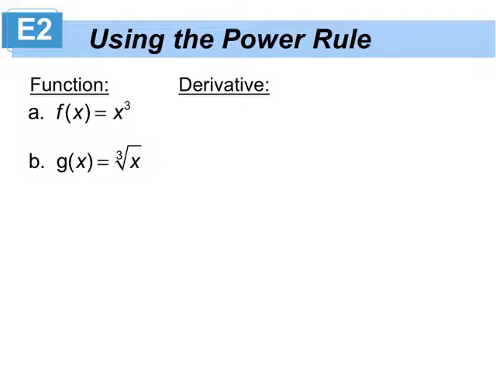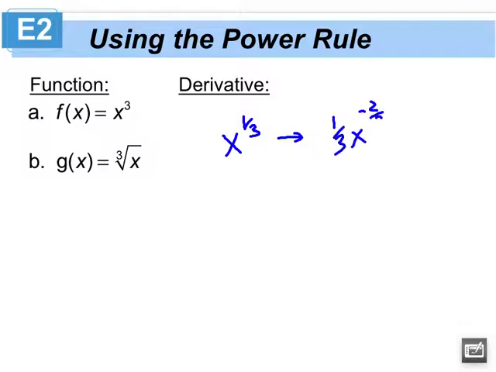Grace, how would you rewrite that before you take a derivative? Oh, I like it. Okay, so if we rewrite that as x to the 1/3, now what's the derivative? 1/3 x to the -2/3. Ooh, very nice.